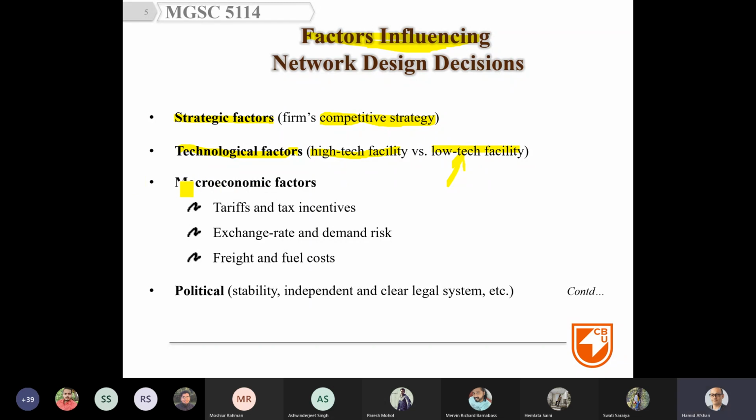Other factors, macroeconomic factors, okay, high level economic factors, like what? Like tariffs and taxes, exchange rate, demand risk, freight, and fuel cost. These are things that normally change in different countries or different provinces or territories, so that they motivate you to invest in those countries.